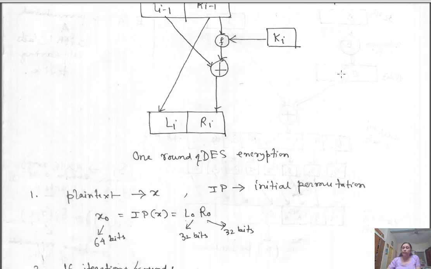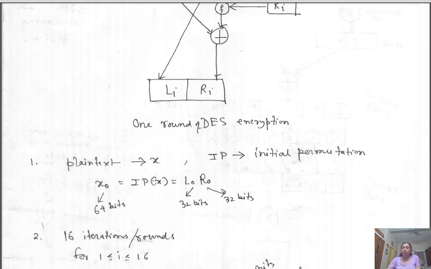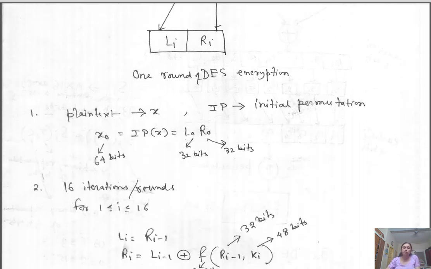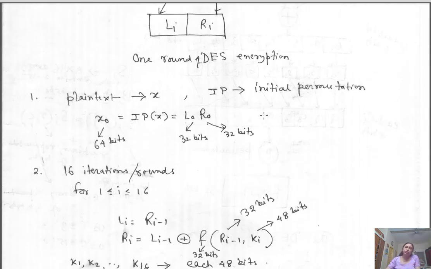So with the initial permutation, you get L0 R0. Now L1 is simply R0. R1, the right-hand side, will be L0 XOR F of R0, K1. So we have to specify this initial permutation.